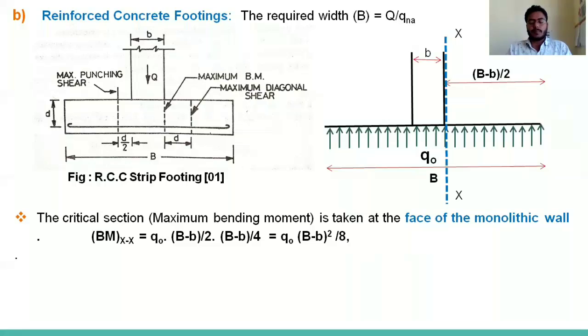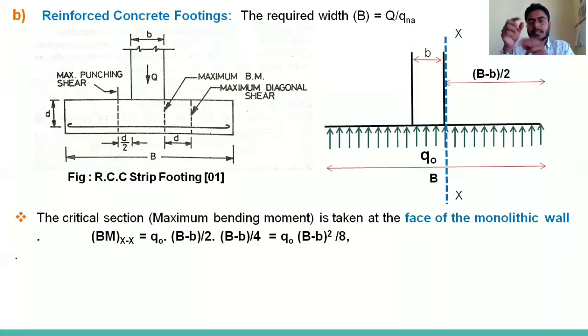So the bending moment at the x-axis will be, how can we calculate? Suppose in a line diagram there is a UDL, and we are going to calculate the maximum bending moment. So UDL load into length, and there is the center of gravity of that load. So q naught, and the length is (B minus b) divided by 2. For that length the UDL q naught is acting, right? This is the force.